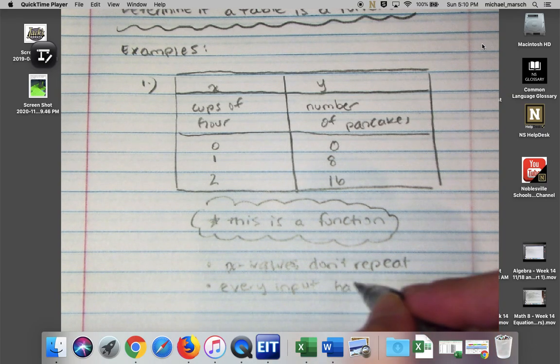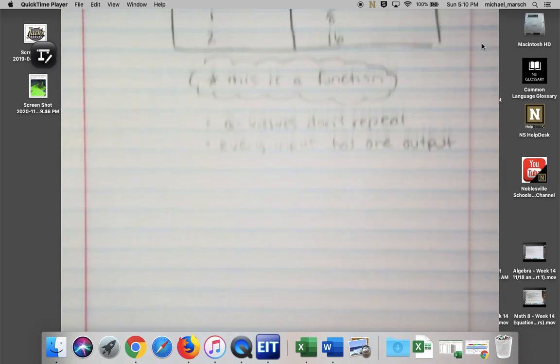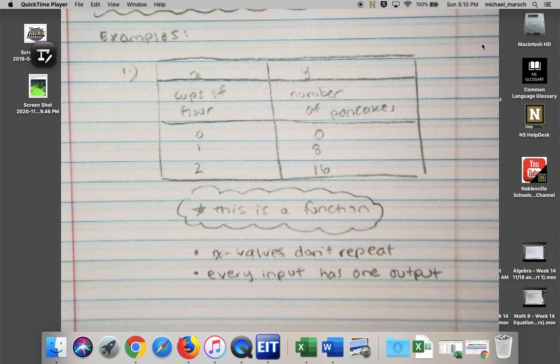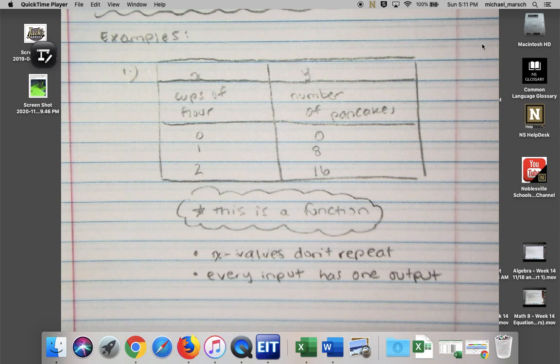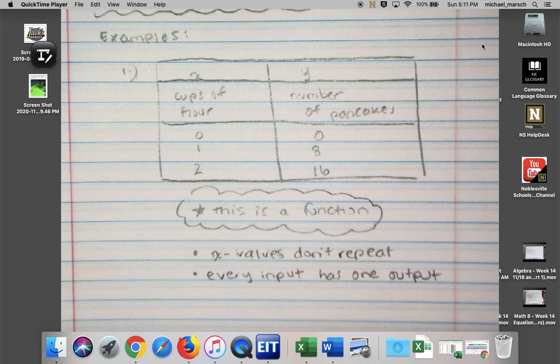And give me 1 second, and I will fix the lighting here. Is that a little bit better? Okay, so x values don't repeat. Every input has 1 output, right? So pretend, for the sake of this example, that we use the exact same measuring, whatever we're going to do for each pancake, so all the pancakes are the exact same size, right? No funny business on these. Okay.